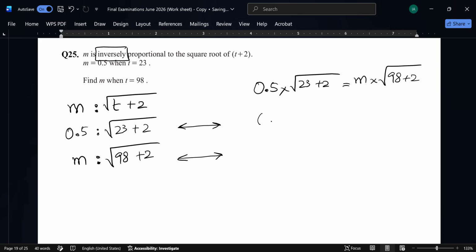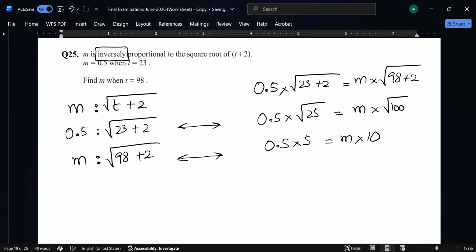This is 0.5 and square root 25. This is M times square root 100. 0.5 times 5, and the square root of 100 will be 10.